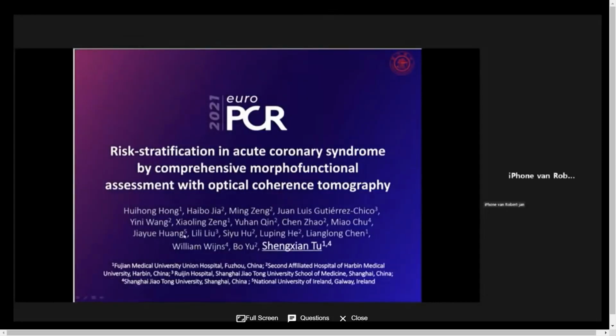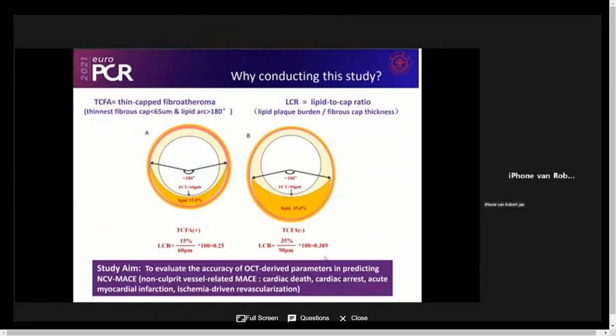It was very interesting to see if this can be taken a step further than only visual interpretation, but also with more artificial intelligence analysis of the OCT. Again, Chen Young 2, who's the main driver in these kinds of things, developed the thin cap fibroatheroma and also a lipid to cap ratio based on the OCT.